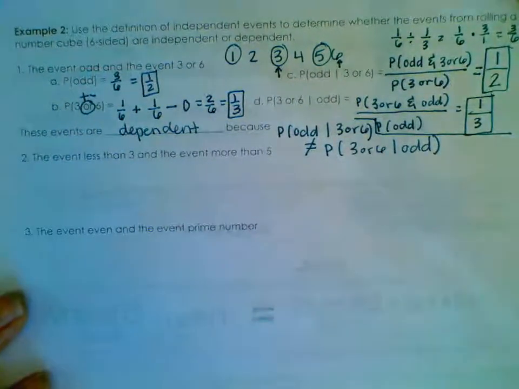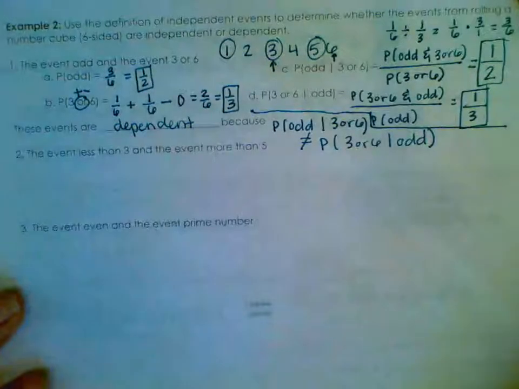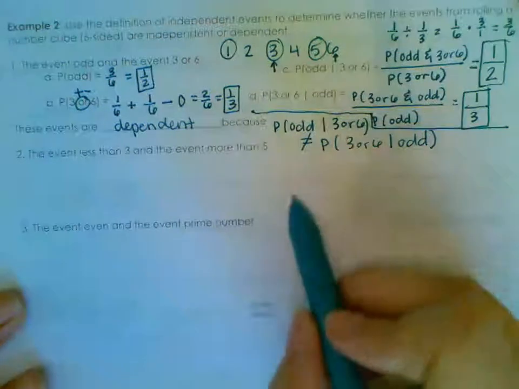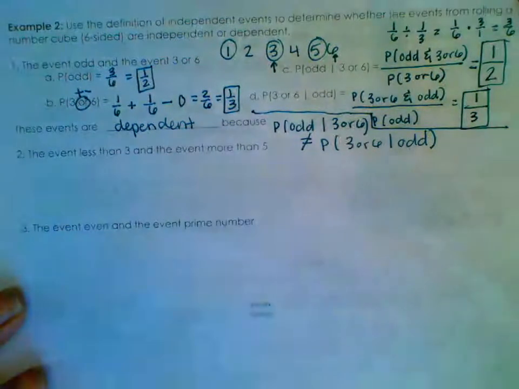That is why. They do not equal each other, so they are dependent. If they did equal each other, they would be independent.